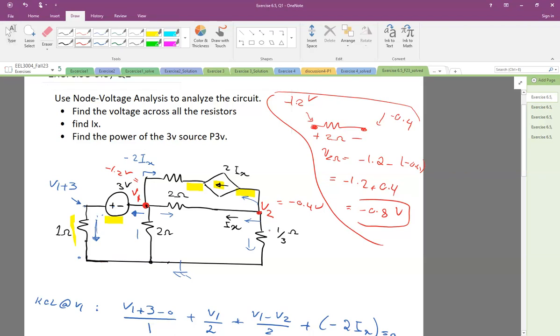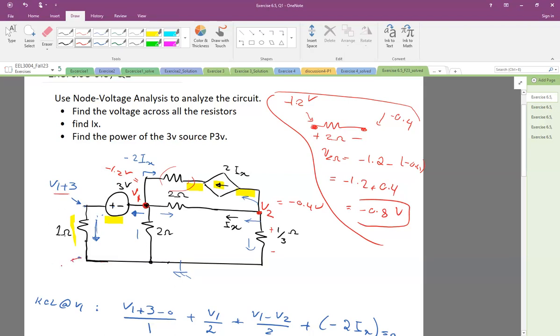For this 1/3 ohm, the voltage is V2. For this one, I got it. For this one, we know the current because we have Ix, and then we can find its voltage. And the same for this one. I have the voltage here, V1 plus 3, and the voltage here is 0.